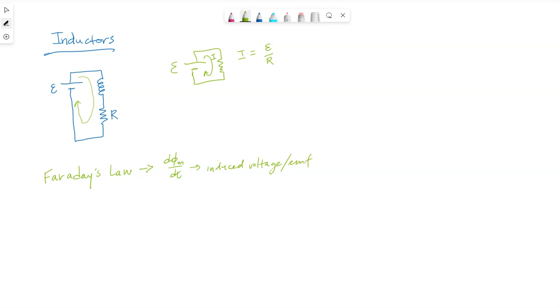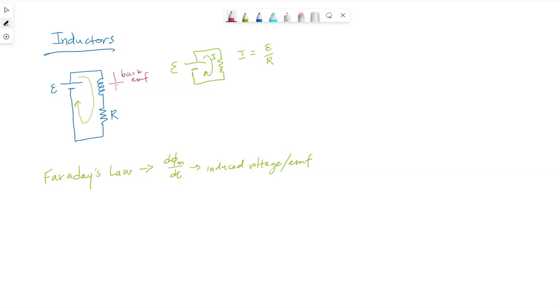That is what is going to happen when we have this coil here. The coil itself is going to resist the change in flux. So it creates, in this case, what is called a back EMF.